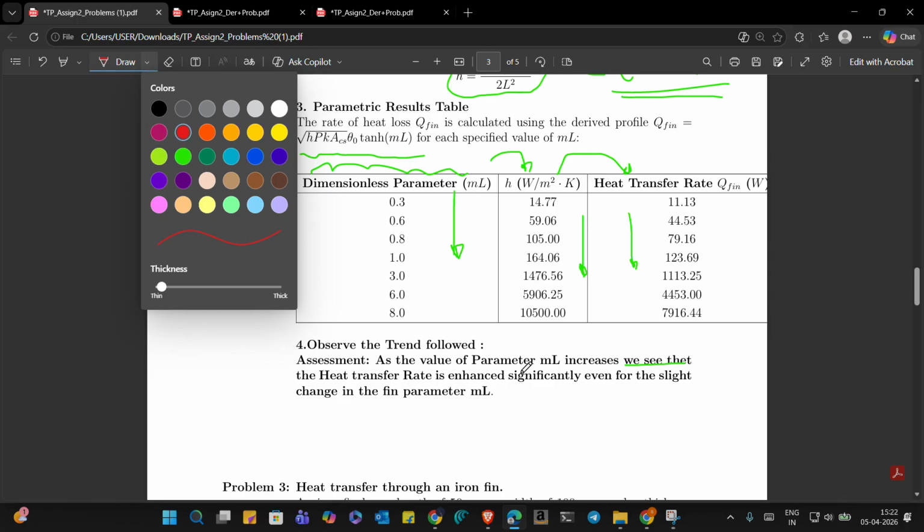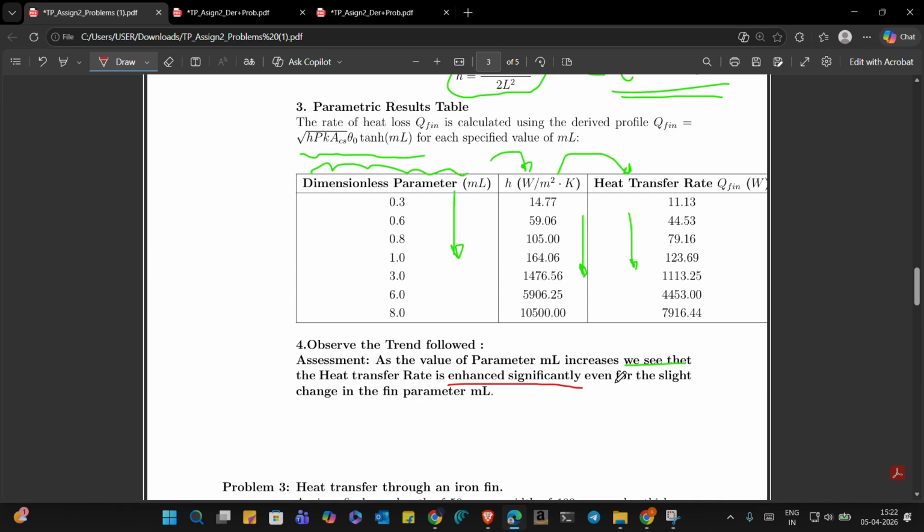The heat transfer rate is enhanced significantly, even for a slight change of the fin parameter ml. So for slight changes in the fin parameter, our heat transfer rate increases significantly. So it becomes easy for us, if we want to enhance the heat transfer rate significantly, to make the necessary modifications to adjust our dimensionless parameter ml.